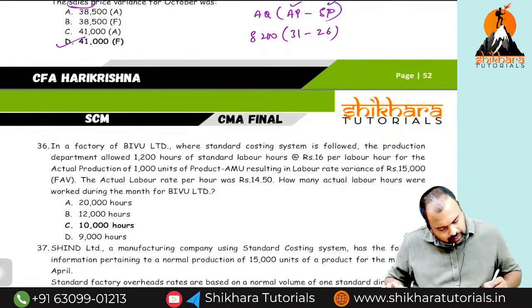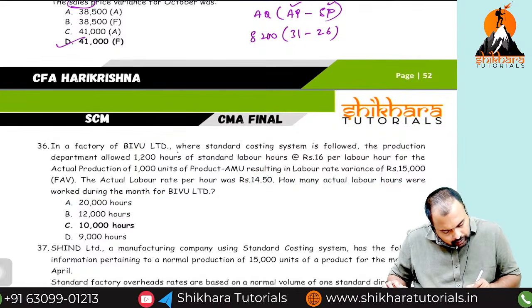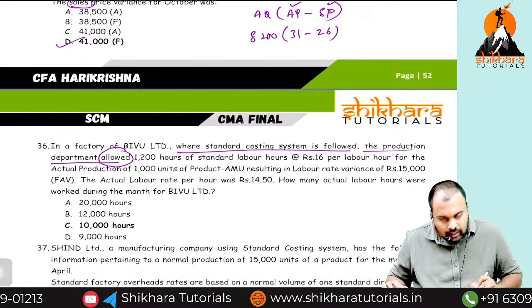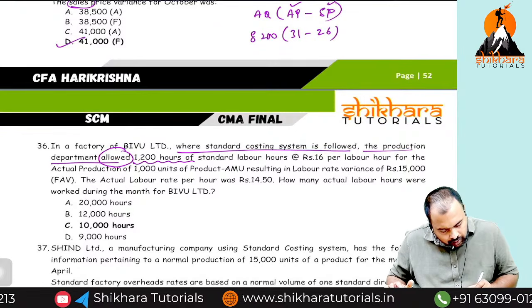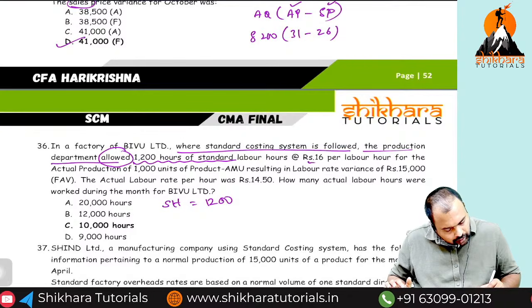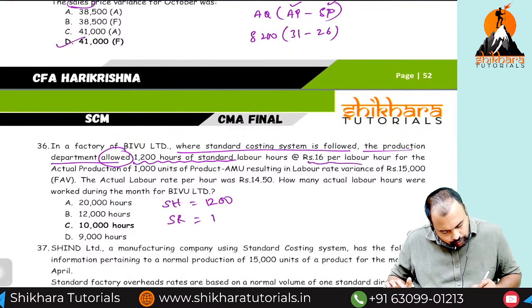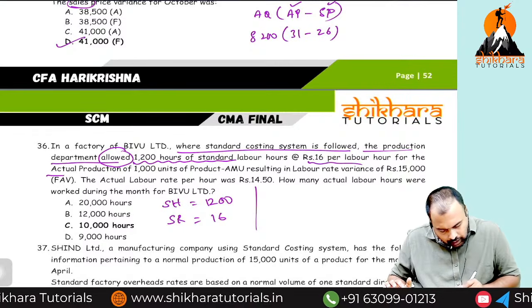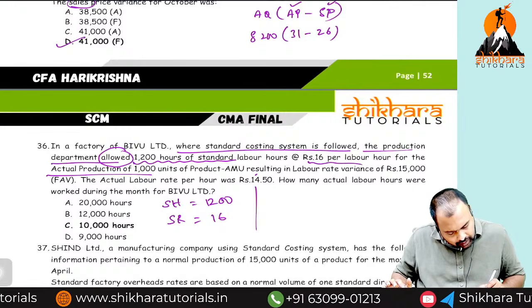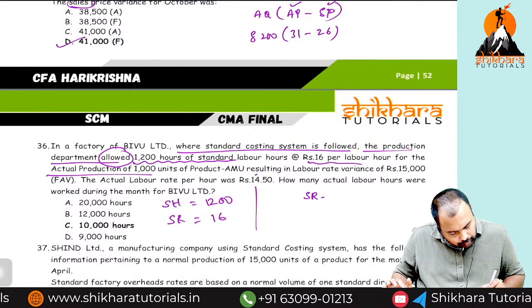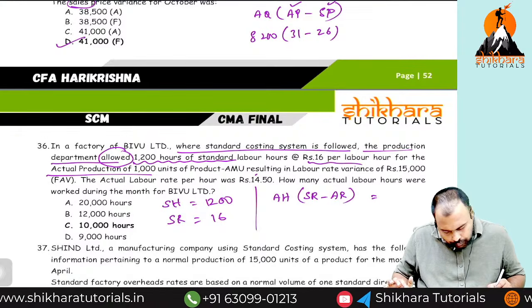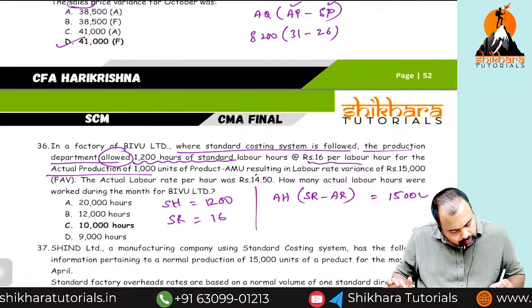Okay, so if you see here, the standard costing system is followed. The production department allowed, in the sense they have given, 1200 standard hours, that's nothing but standard hours equal to 1200 at a standard rate equal to 16. And the actual production of 1000 units resulting in labor rate variance. Sir, what is rate variance? Standard rate minus actual rate into actual hours is equal to 15,000 favorable, they said.